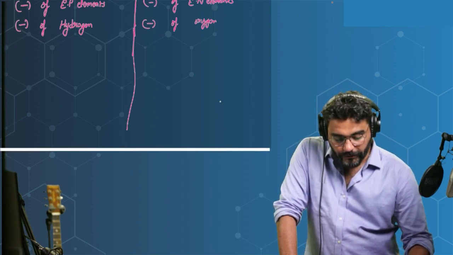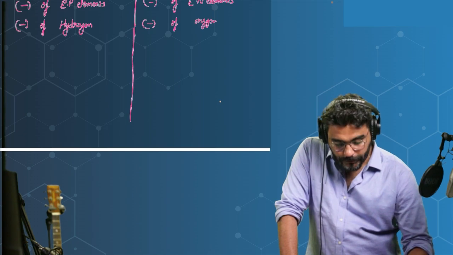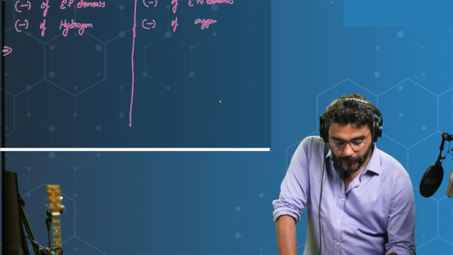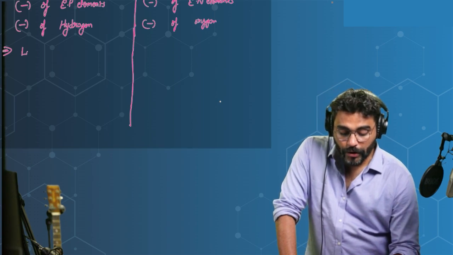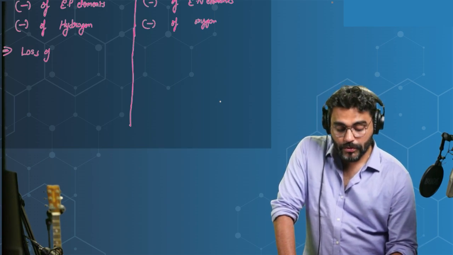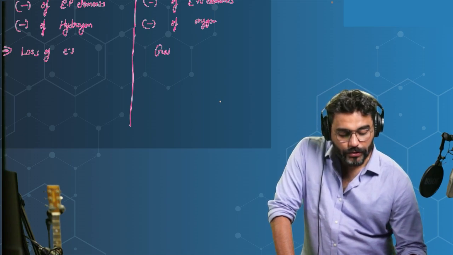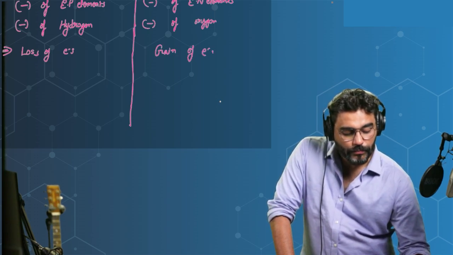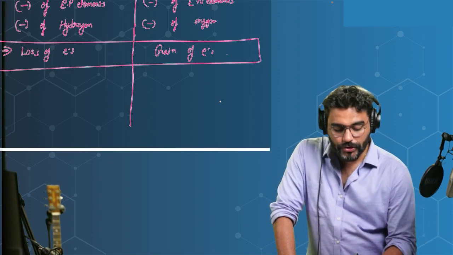What was the definition of oxidation? Removal or loss of electrons was oxidation, and gain of electrons was reduction. So this was the final definition of oxidation and reduction.